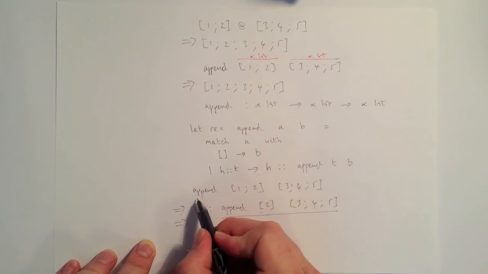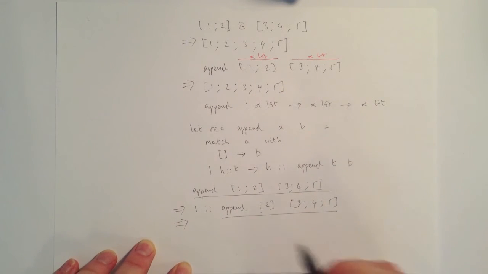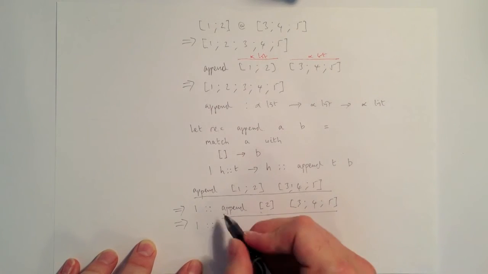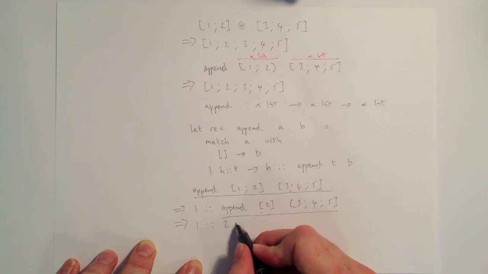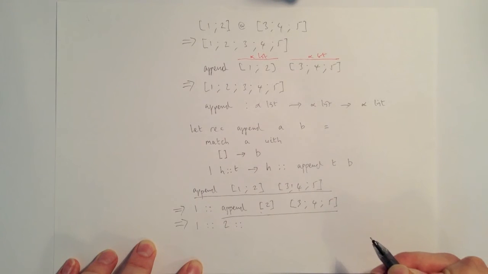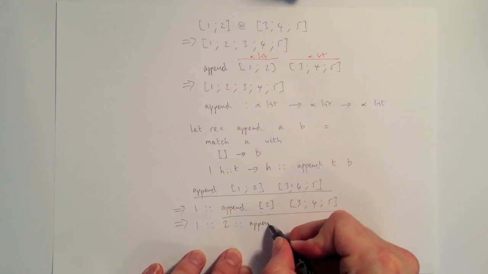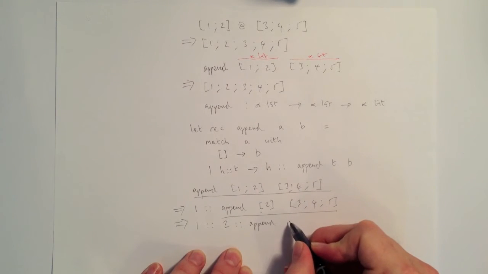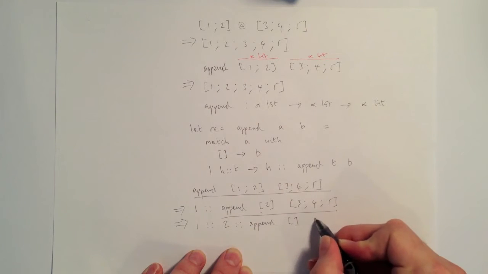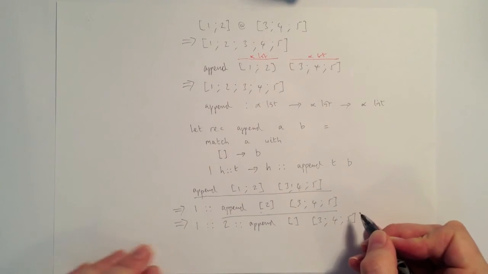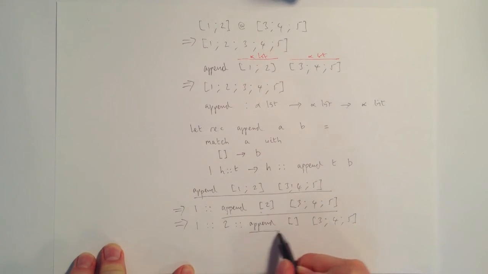So effectively we're now reducing. Let's just underline the part we reduce. So we've still got this here. This is being reduced again to 2 cons. Well, now we have append the tail T, which is now in place of A, is the empty list, and we still have 3, 4, 5. Well, what happens now?